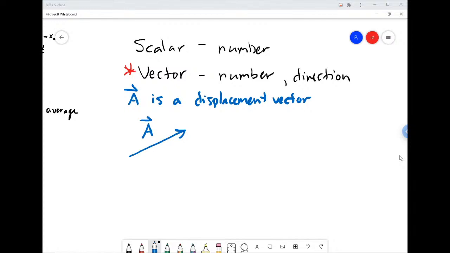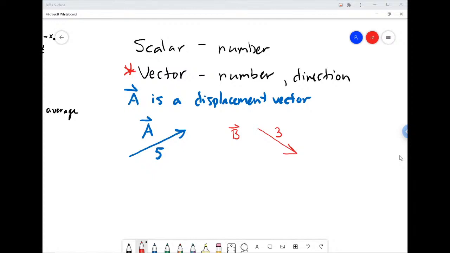Maybe it has a magnitude equal to 5 meters. Then I can imagine there's another vector, B, which has a magnitude of 3 meters.